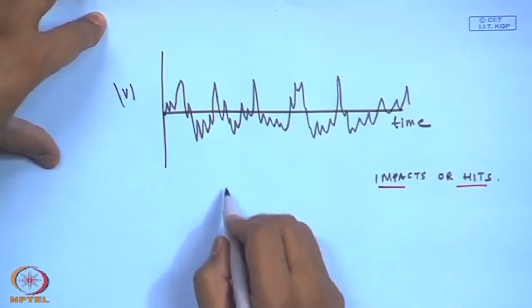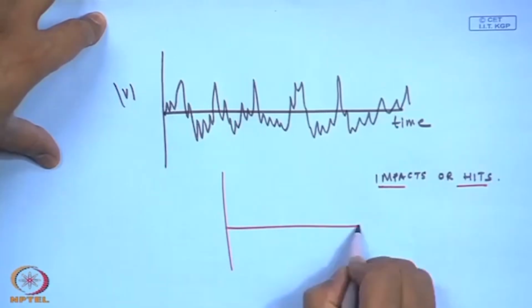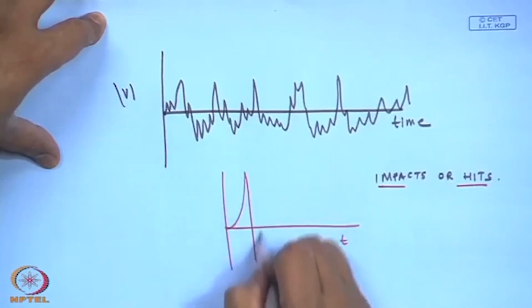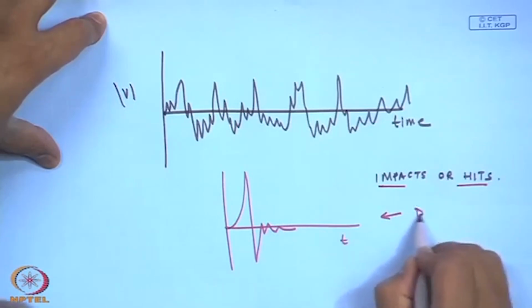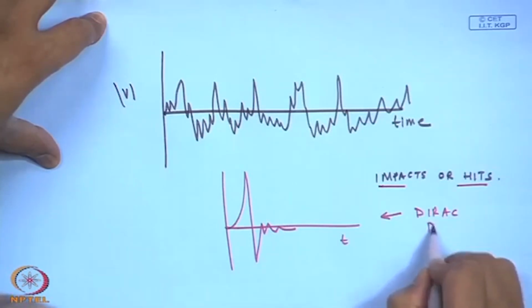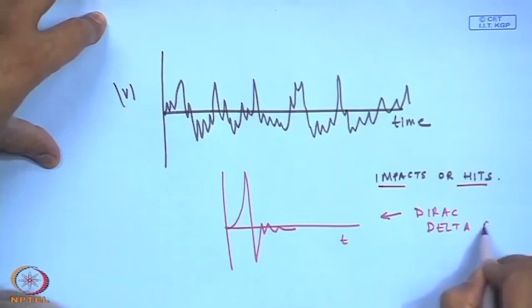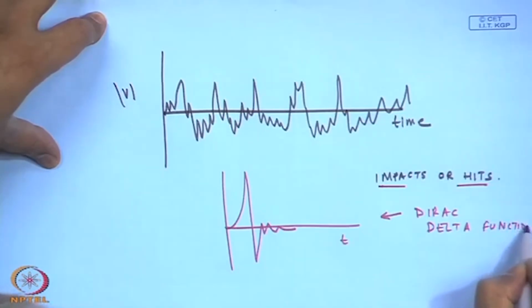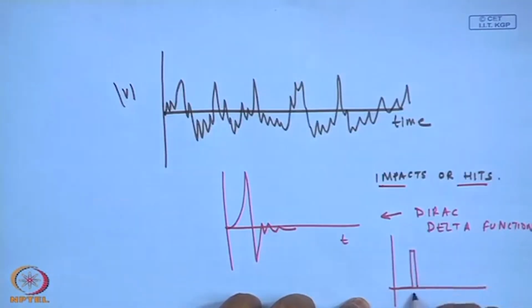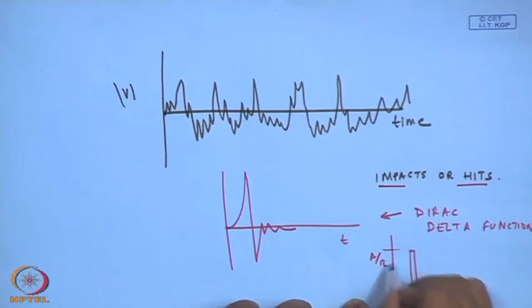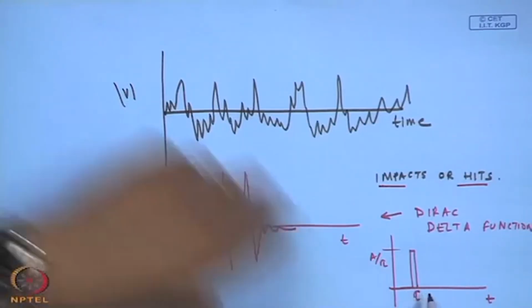You all know the characteristic signal of a hit is something like an impulse, and we mathematically represent it with a Dirac delta function when we do the integration to find the response. It is something like this, time period tau, and maybe amplitude is A by tau, and this exists only for a short duration of time.